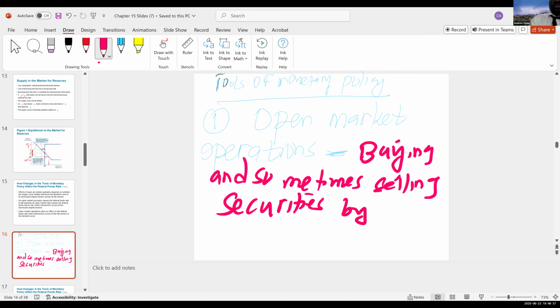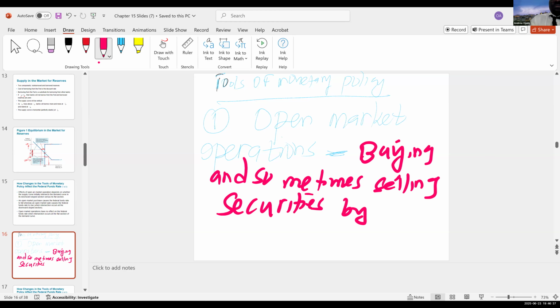So now I want to do an example. Let's just say, like what we have been doing even in the past, suppose the Federal Reserve buys $100 billion worth of treasury securities. Let's say, for example, something that you did already.